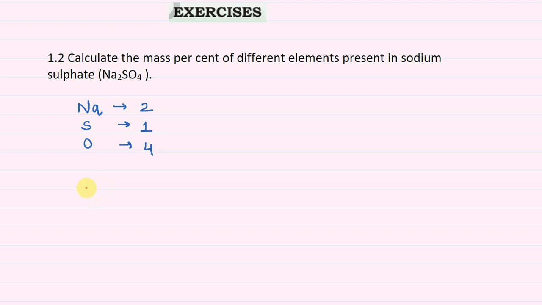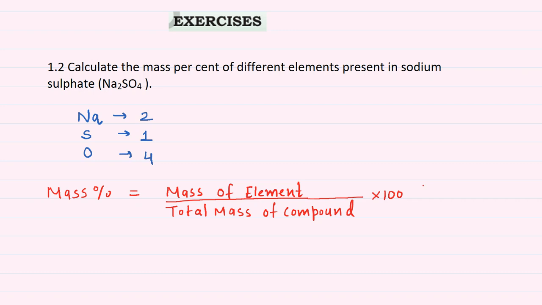So the mass percent will be equal to mass of element divided by total mass of compound into 100. Here we need to find out the total mass of the compound, that will be equal to its molar mass. Let's find out the molar mass as well as mass of each element.